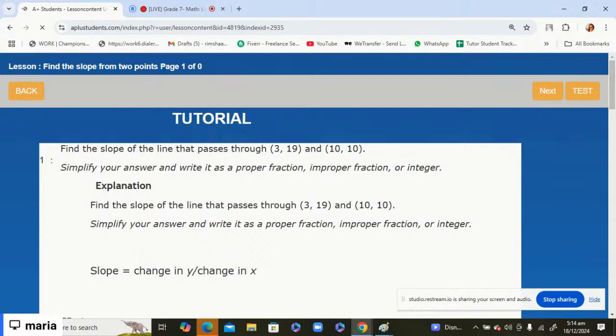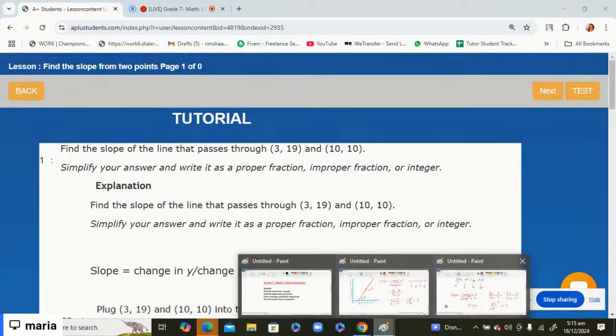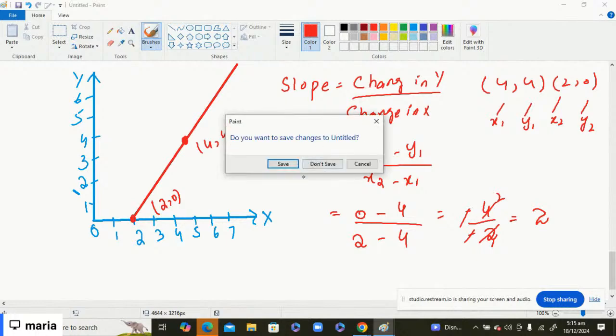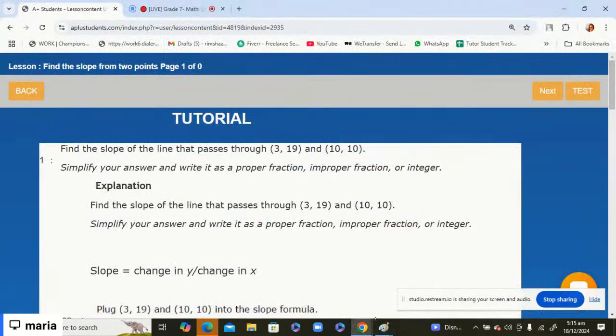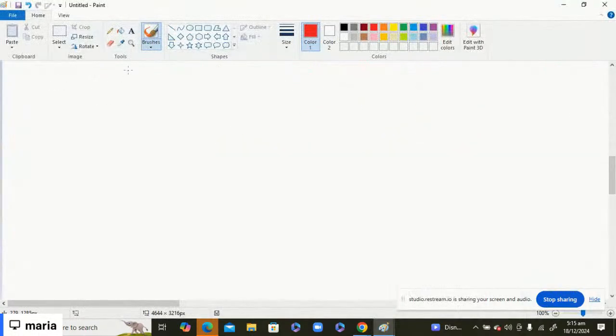Now two points are given and you are just going to solve by using the formula. Let's go with it. 3, 19, 10 and 10.